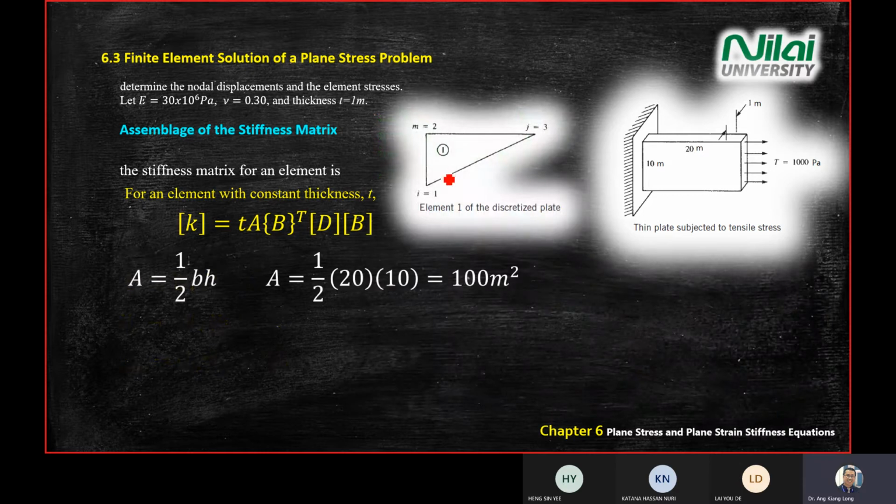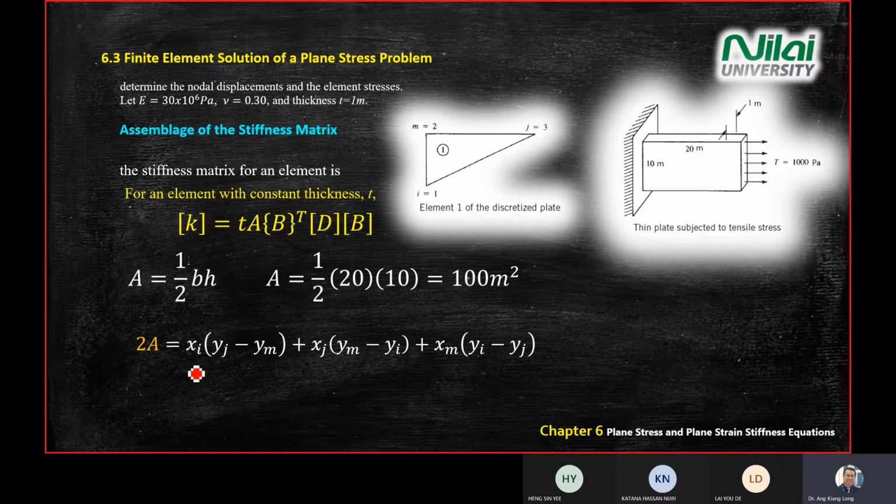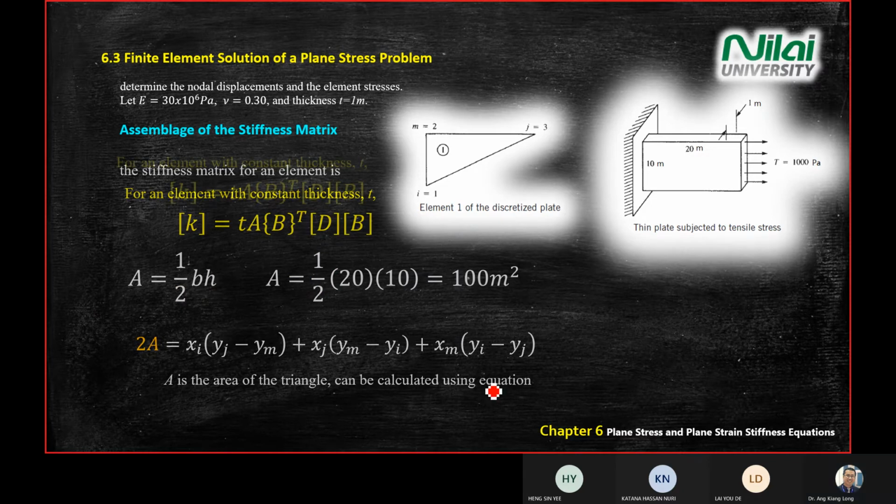Okay, A in this case is also a very direct calculation. Triangle area is half bh. I do it for you on the screen. Or you can use another calculation: 2A equal to this lengthy equation. You'll get the same answer. Again, A is the area of the triangle.